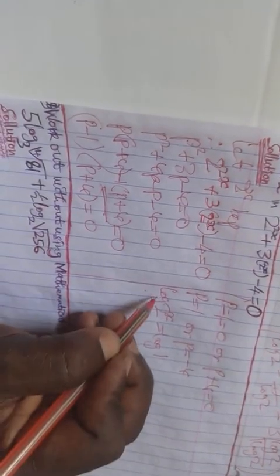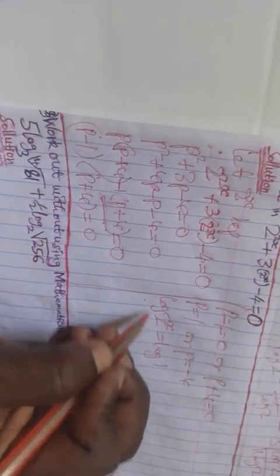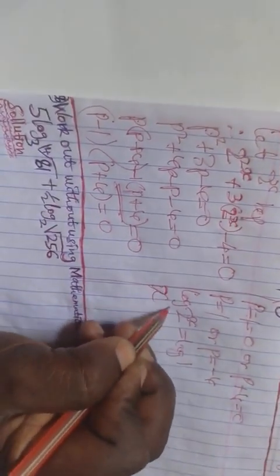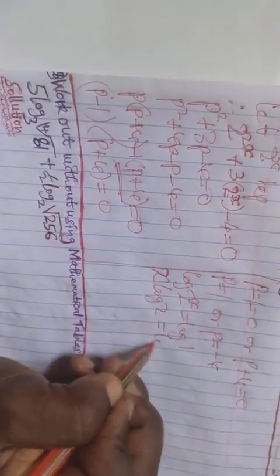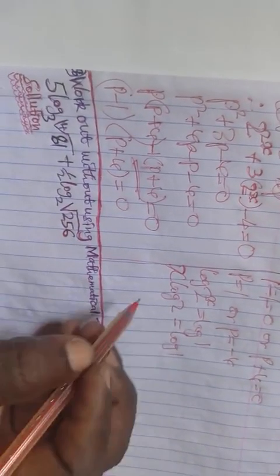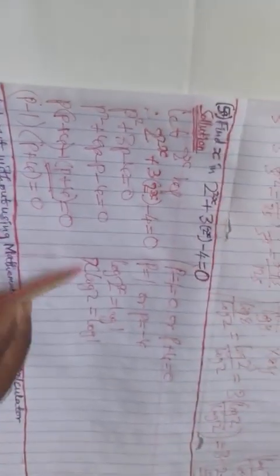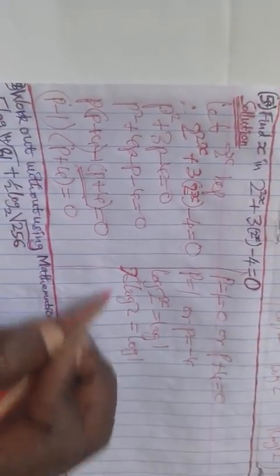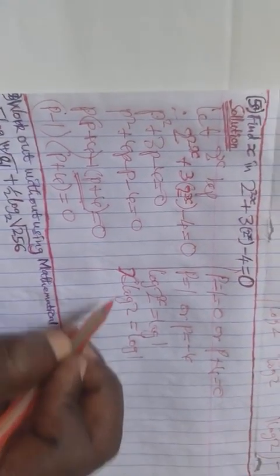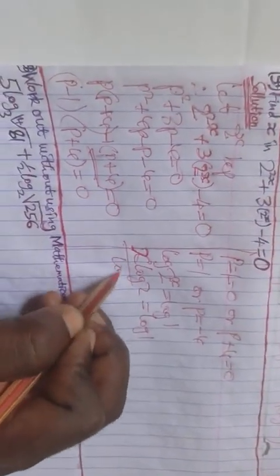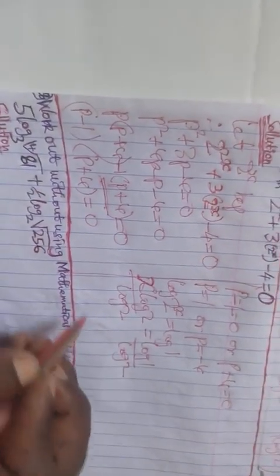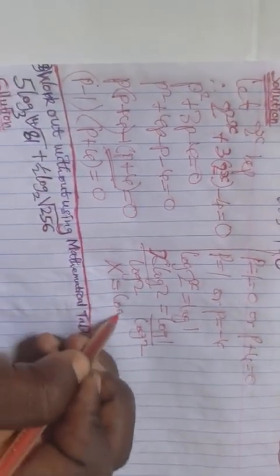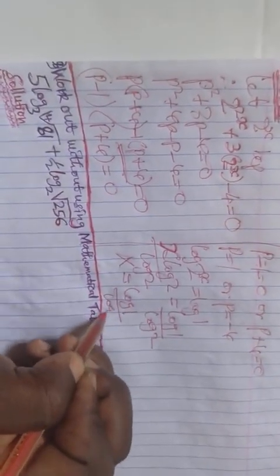By applying the power rule, x log 2 is equal to log 1. Dividing both sides by log 2, x is the same as log 1 over log 2.